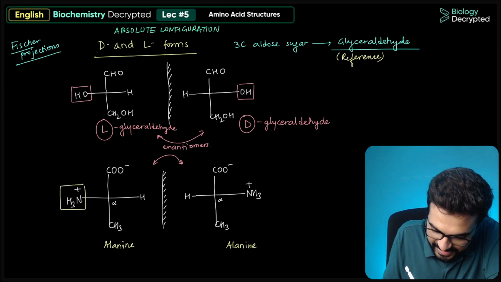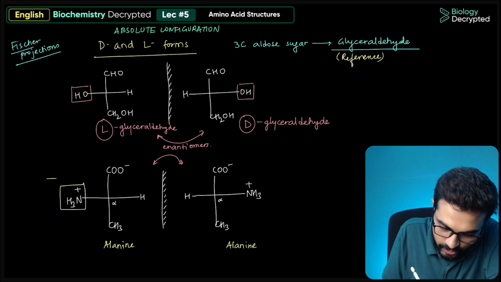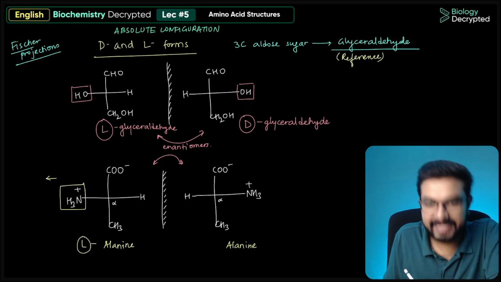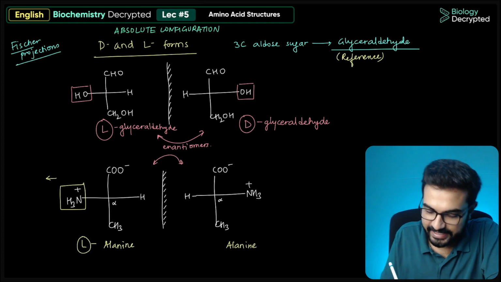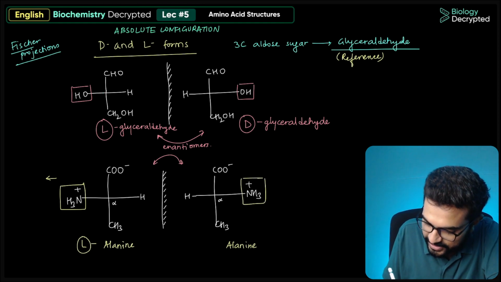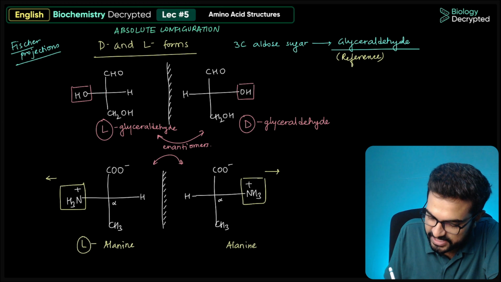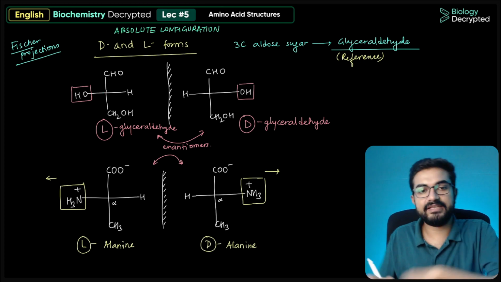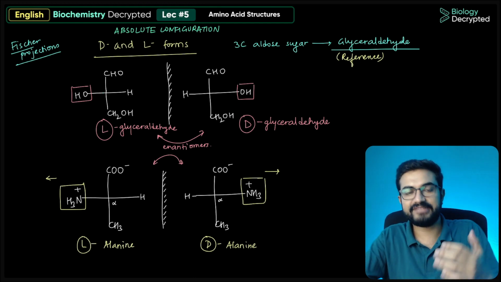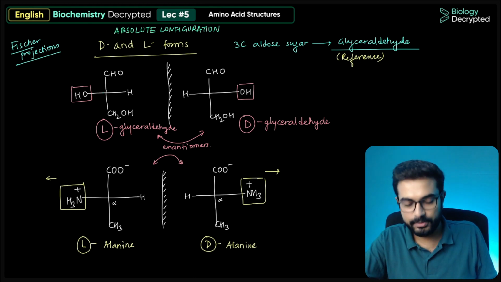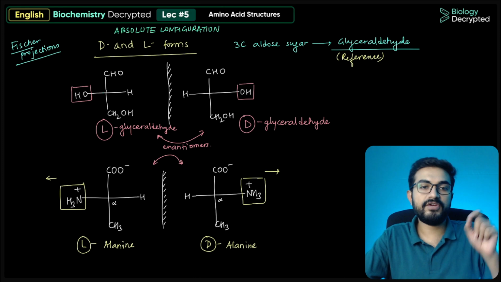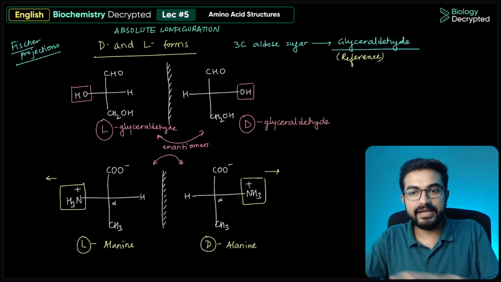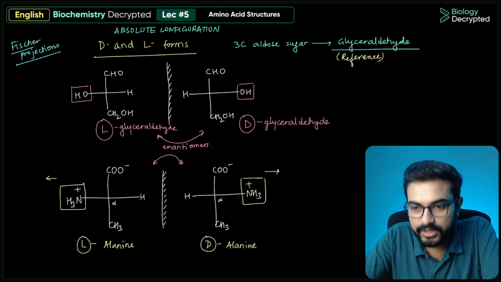If this alpha amino group is present towards the right, in that case it will be called D-alanine. This is just in comparison to D-glyceraldehyde and L-glyceraldehyde. There we talked about the OH group. Here we are talking about the alpha amino group. And this is how we get L and D forms. This is very important to know.